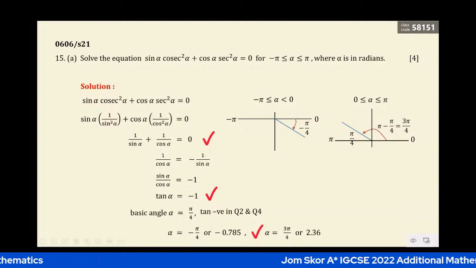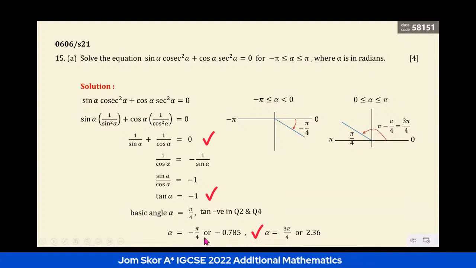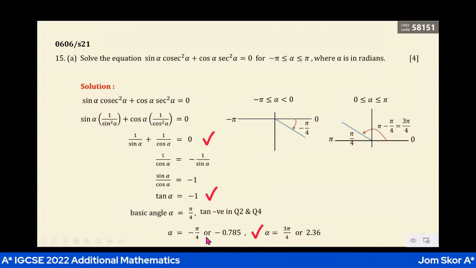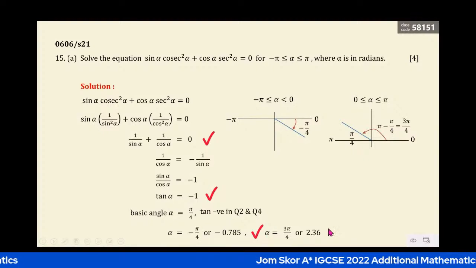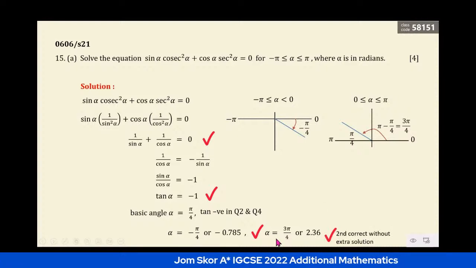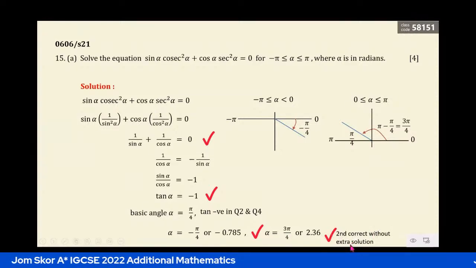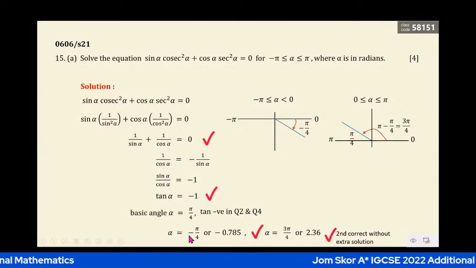Then the third mark is for the angle in quadrant 4, so negative pi over 4. And then the fourth mark is for the second answer, the second correct one without extra solution, meaning that you only have these two answers.